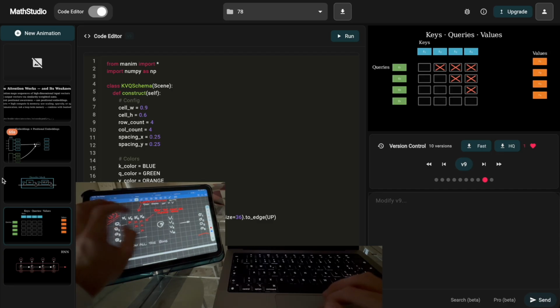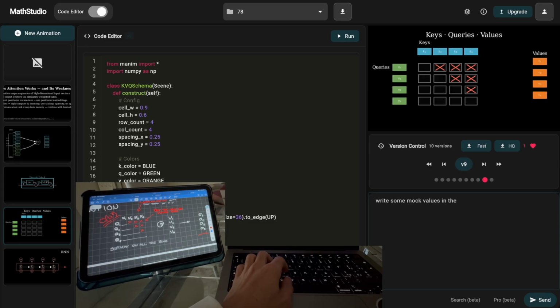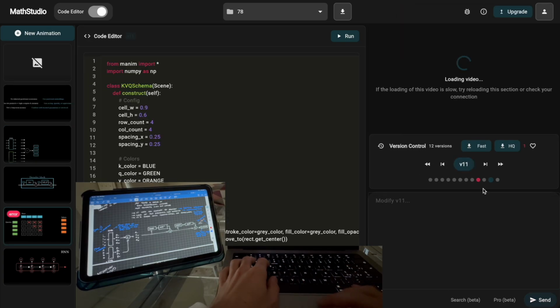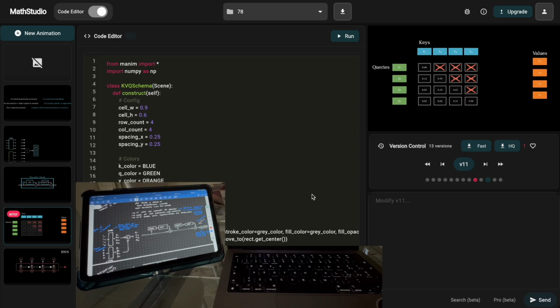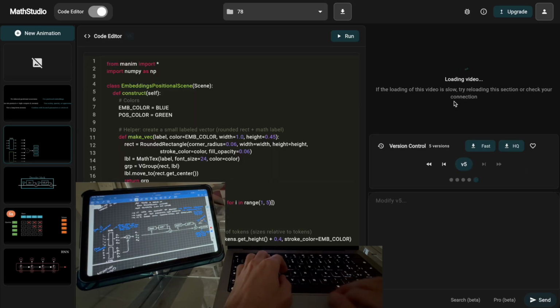We can write some mock values in keys and in the matrix. Remove the title. Oh, rate limit exceeded. Again? I tripled the rate limits. We should be fine. This one we decided we are not using.